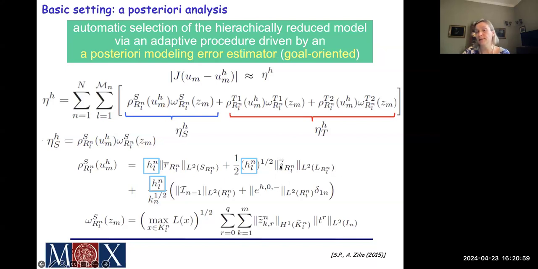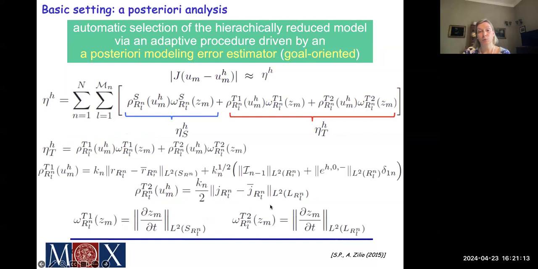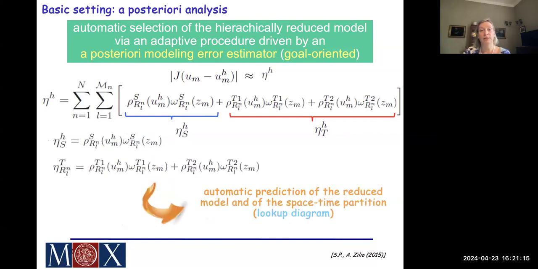So J very likely is a jump across the different space subintervals, plus some projection error, plus some error on the initial quantity. And what you get at the end of the day is a fully automatic prediction to identify your reduced model in terms of modal basis function, I mean number of modal basis function, and the space-time partition.